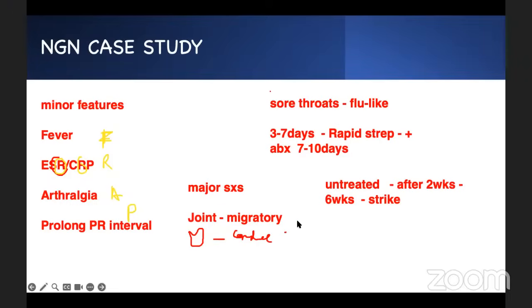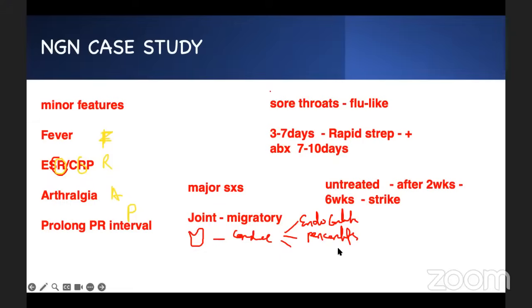The cardiac is key. Your heart, the lining can get infected. The muscle can get infected. And the outside skin can get infected. Therefore, you can have endocarditis, that's the inside lining. Outside lining is pericarditis.